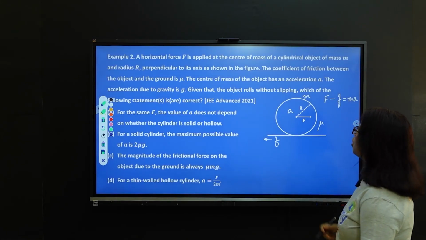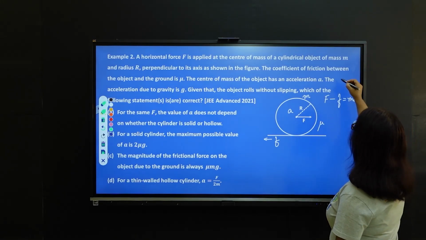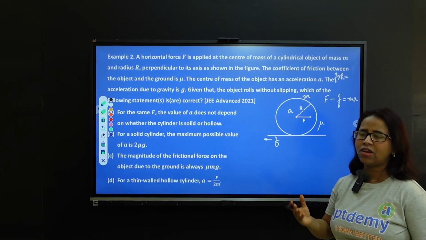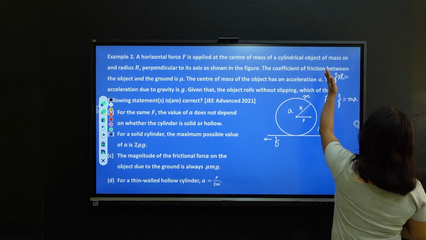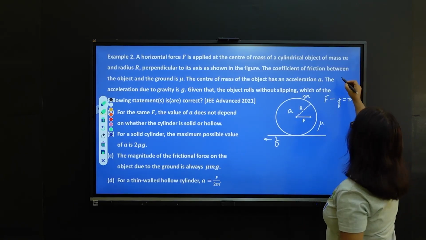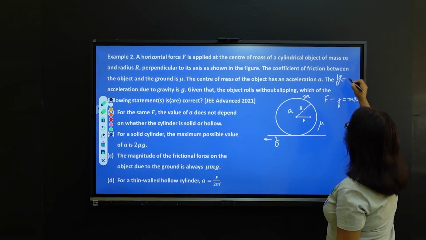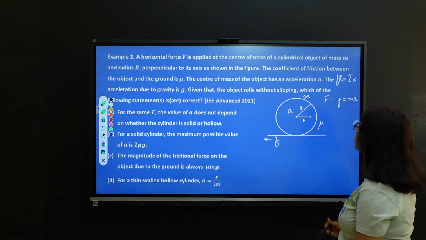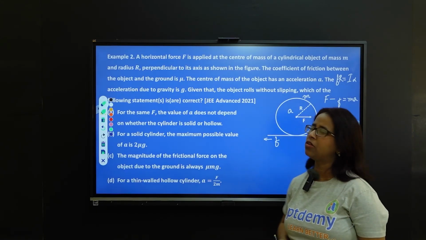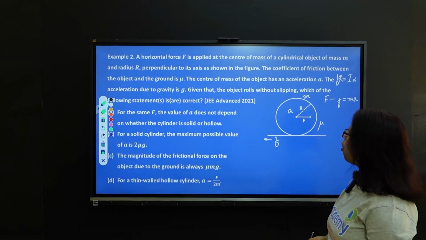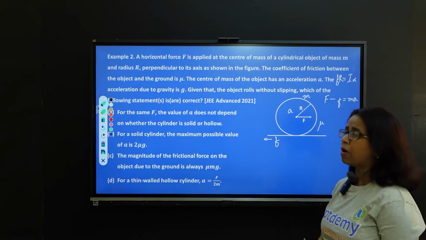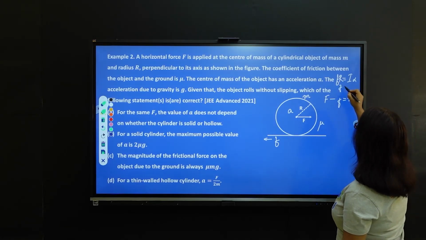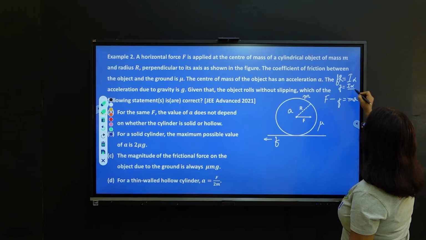As we know, the torque acting on the body may be written as F cross R, or we can write it as Fr in fact. Let us not give the cross symbol. We have Fr and this is equal to I alpha. Now what's I here? I is the moment of inertia of the cylindrical object about an axis which is perpendicular to it. So from here we may get f is equal to I alpha by R.